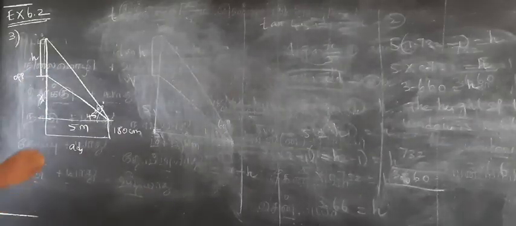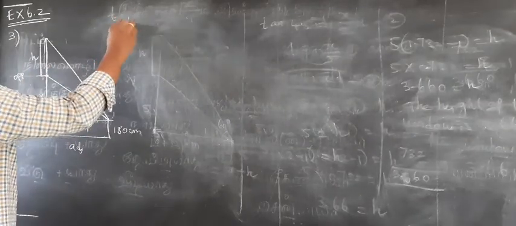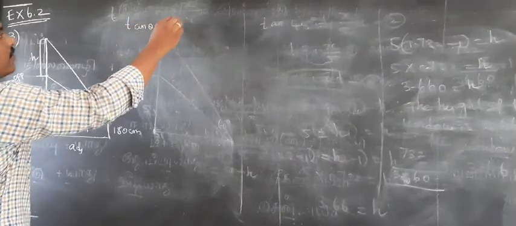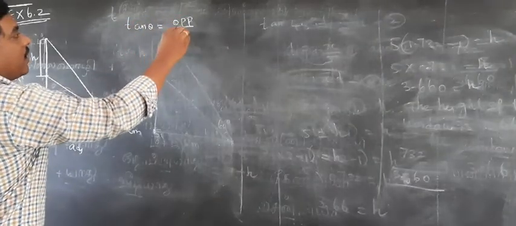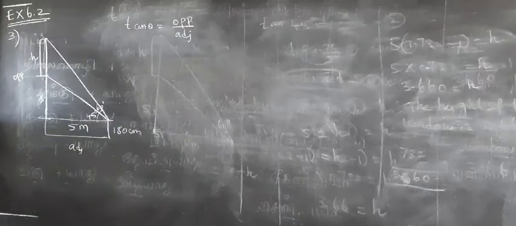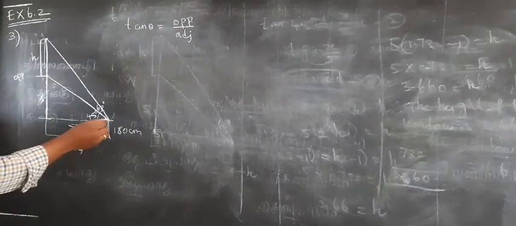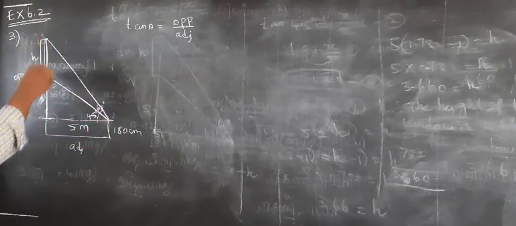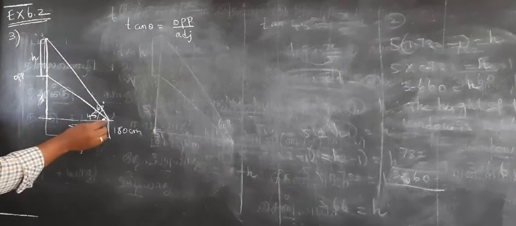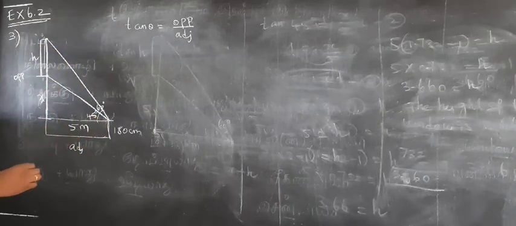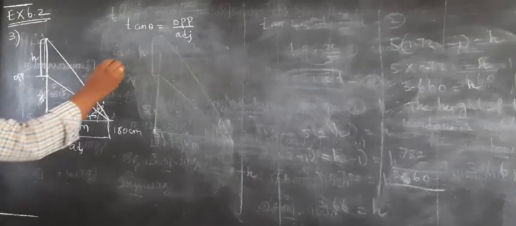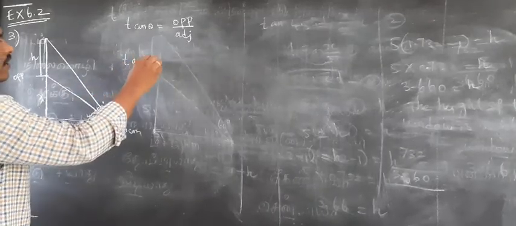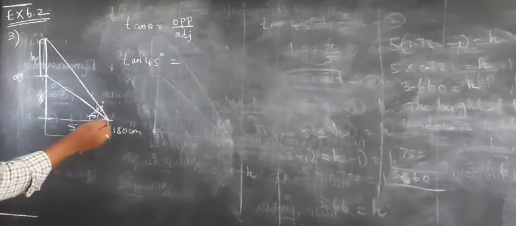So tan theta equals opposite by adjacent side. Now I take the angle 60 or the angle 45. Suppose you take the angle 45, tan 45 degrees equals, tan 45 means what?